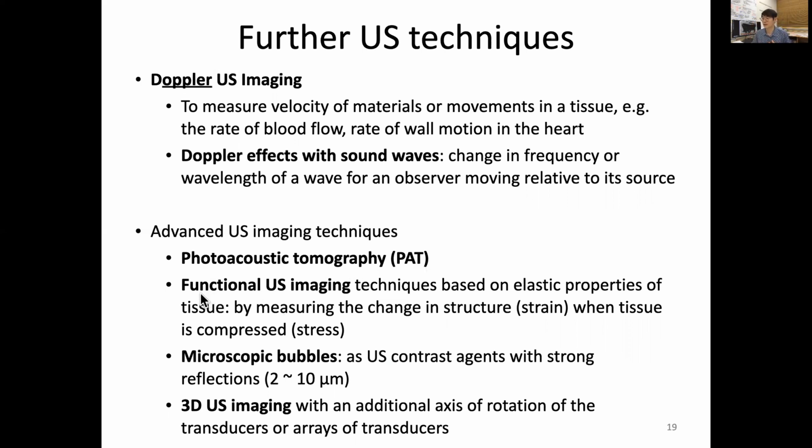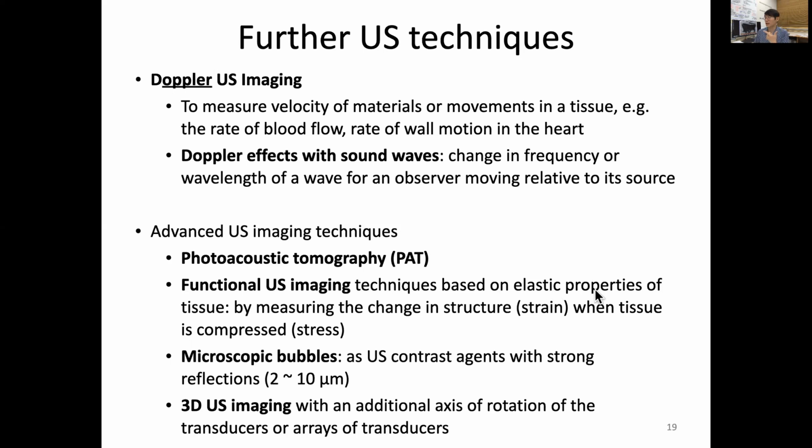And another example of an advanced functional ultrasonic imaging technique is this: because ultrasound is using sound waves, and the sound wave interaction inside a biological tissue has a mechanical property, variations of mechanical property or elasticity can also be measured by functional ultrasound imaging.